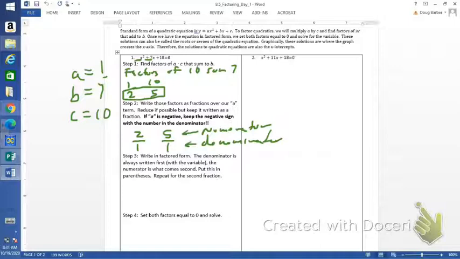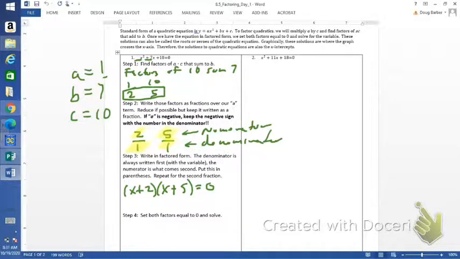So I have 1x, or x, and then I have a positive 2. So I have x plus 2. Okay, and I put that in parentheses, and then I repeat for the second fraction. Here I have 1x, and I have a positive 5. Okay, so now that's in factored form.